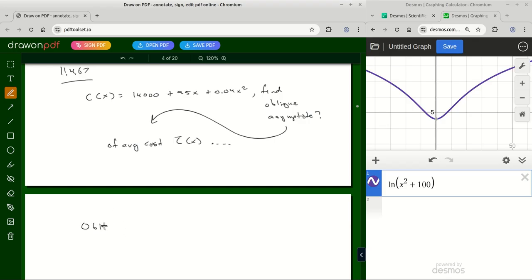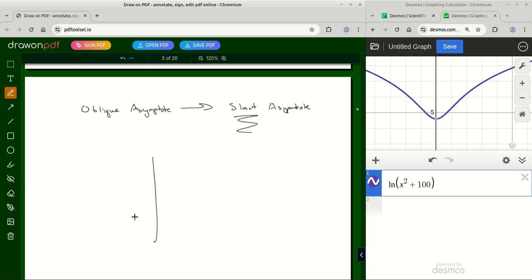If you've seen it before at all, an oblique asymptote is synonymous. It's the same thing as a slant asymptote. Well, what this means, if you're graphing something, you have a dashed line like this, and normally you have a vertical one as well, and then you'll get some kind of graphs that follow this.